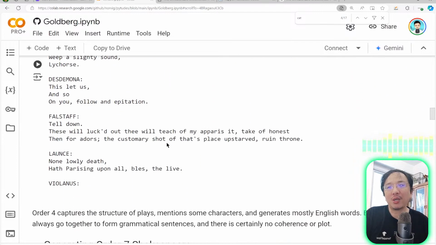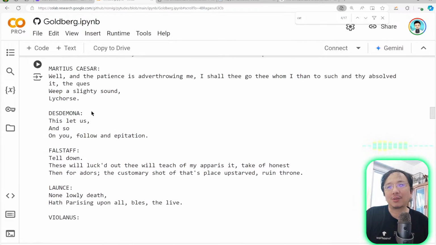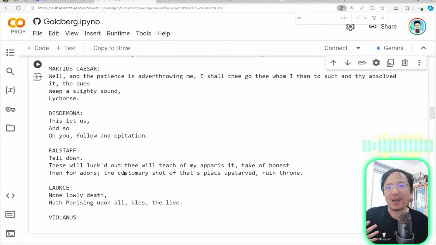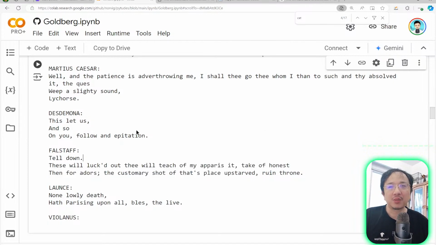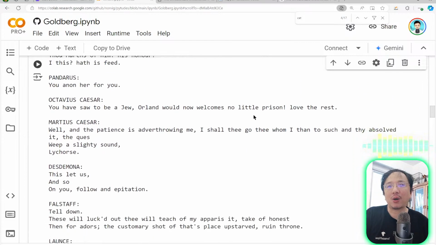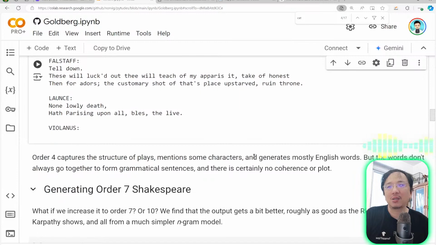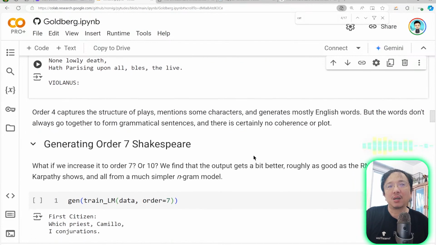And if you increase the order, like this one is order 4, if you look into it, you can see that it has some strange words. The spelling of the words is not even correct because it only has order of 4. So at first glance order 4 looks okay, but when you look closely, you will find that the spelling has some strange things.